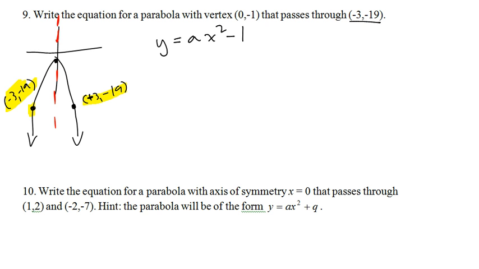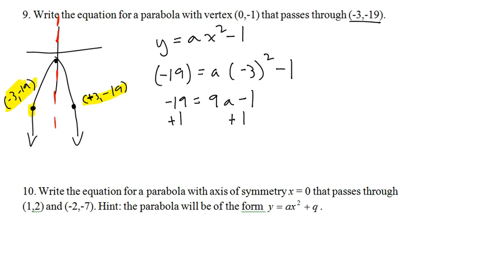Okay, and then we can use our point (-3, -19) to figure out what a is. I should do negative 3 squared first. That'll give me 9. So I have -19 equals 9 times a, minus 1.